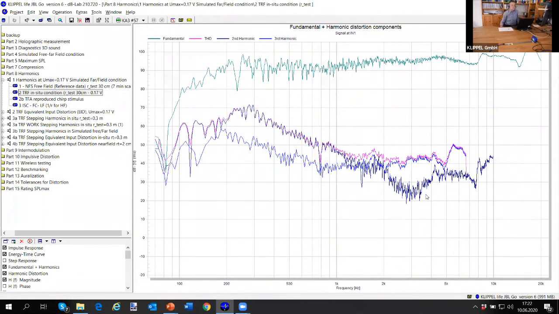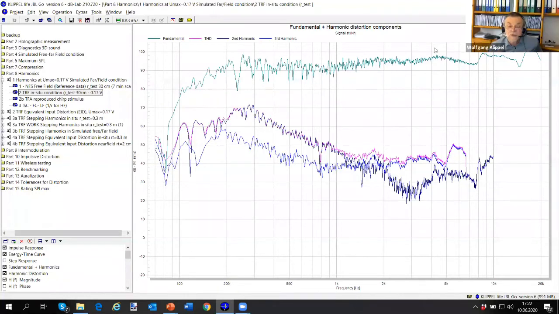if you are thinking about harmonics, please look here at the fundamental response. That's not the magnitude response. That's if you apply the voltage at the input of the device and you measure the SPL with the SPL meter, then you see here the SPL level. That's the total fundamental. Then we have the THD, which is almost identical with the second order distortion.